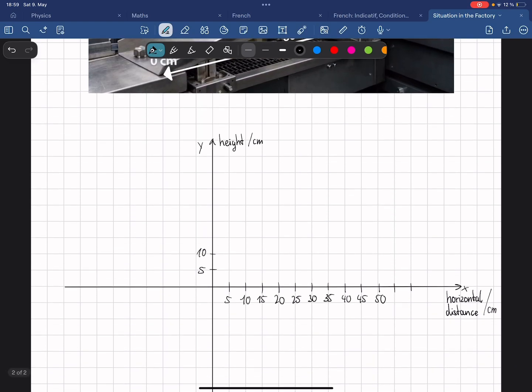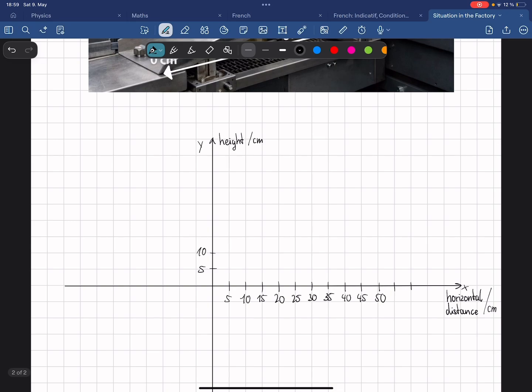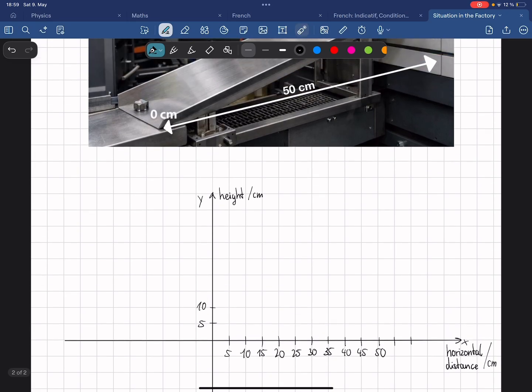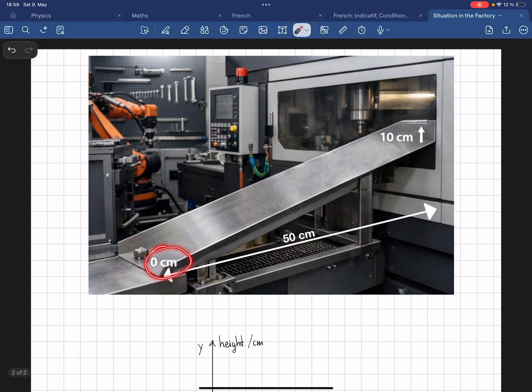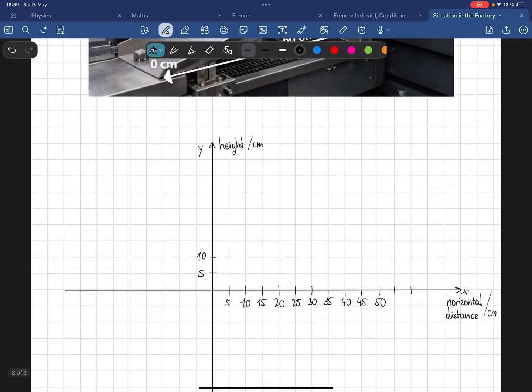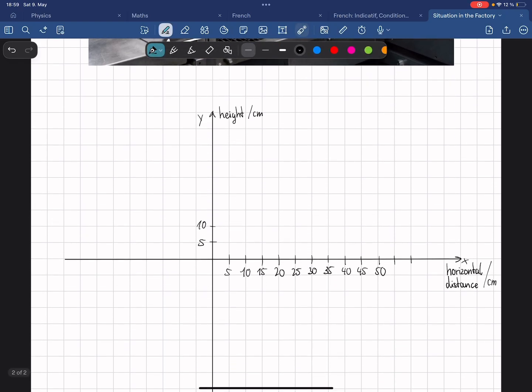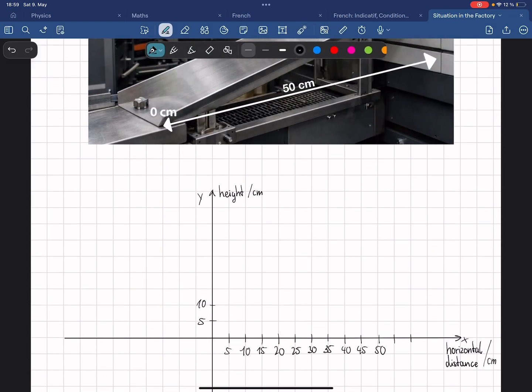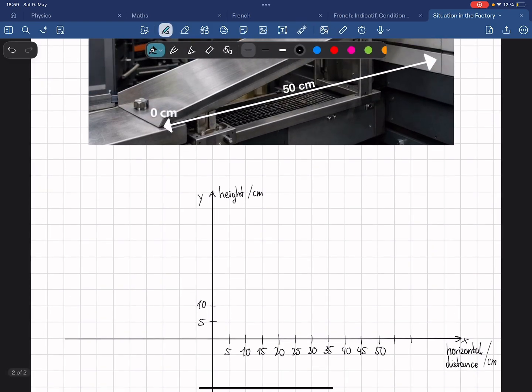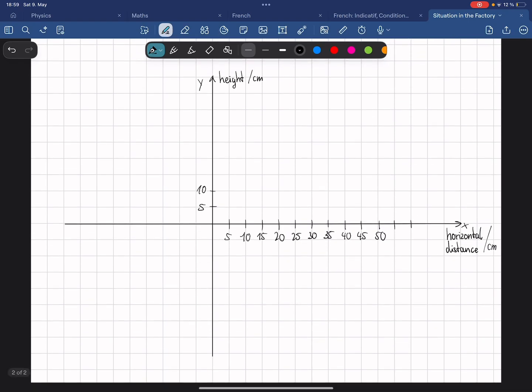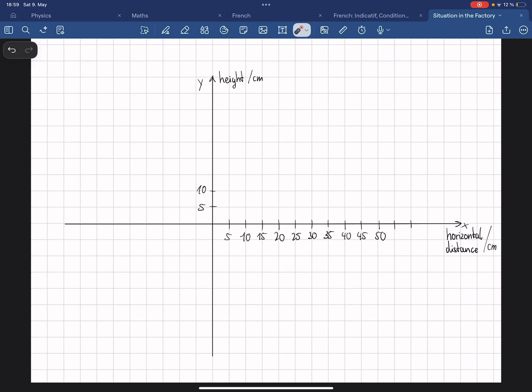Starting off, we have to first see where it starts. Because it starts at 0 centimeters, we're going to start from the origin of the coordinate system, which is here. Starting from there, we know that when we travel a distance of 50 centimeters, it goes up 10 centimeters. So in our coordinate system, as we go a distance of 50 centimeters, it'll go up 10 centimeters.